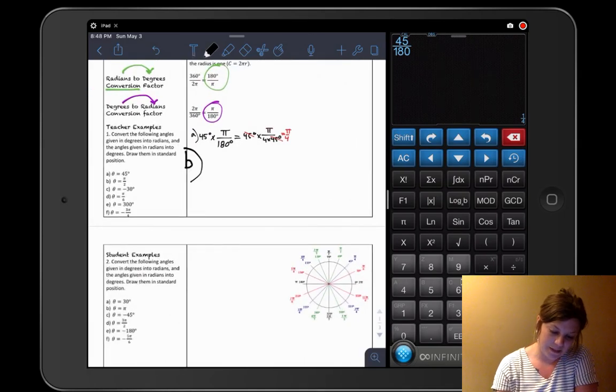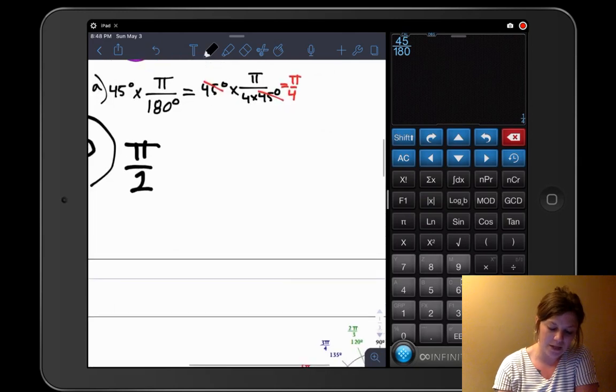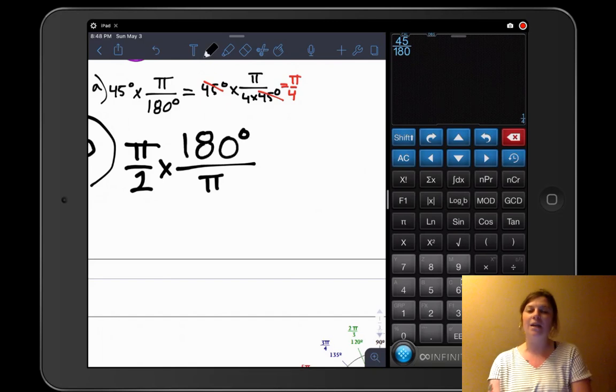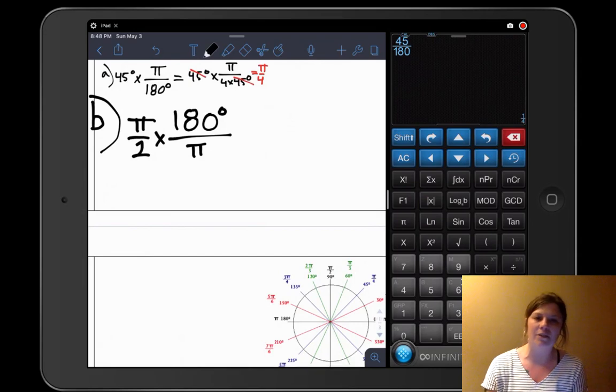All right, let's look at B. B is pi over 2. Again, same logic. I want to get rid of the pi, I want to get rid of radians, so I'm going to put the pi on the bottom of the fraction because I want to divide it out. I want to simplify it to 1. This one's a little easier because I know 180 divided by 2 is 90.